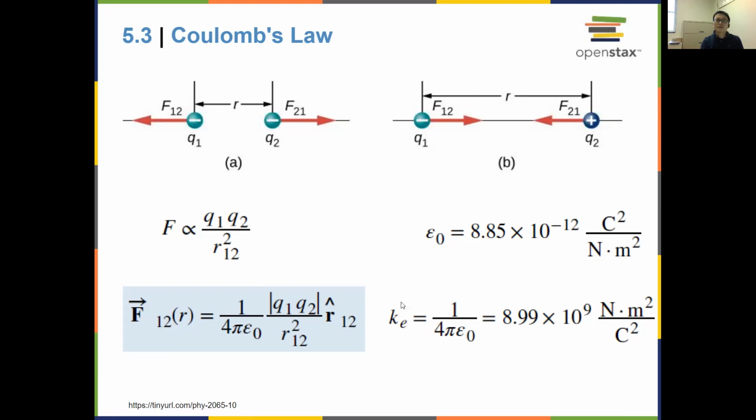Or you can just say this is Coulomb's constant Ke, which is 1 over 4 pi epsilon naught. Okay, so that's 8.99 times 10 to the 9 Newton meters squared over Coulomb squared. Or some people just say 9 times 10 to the 9. Okay, so that's about the same because 8.99 is about 9.